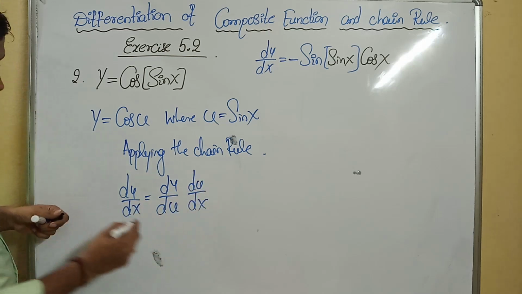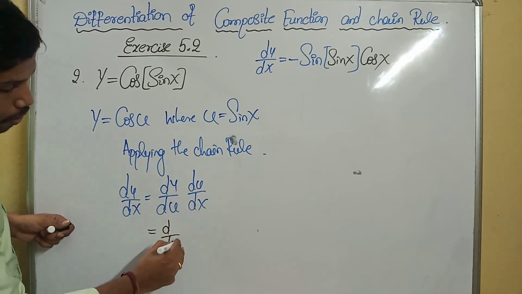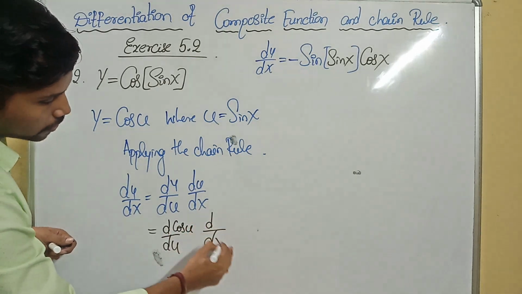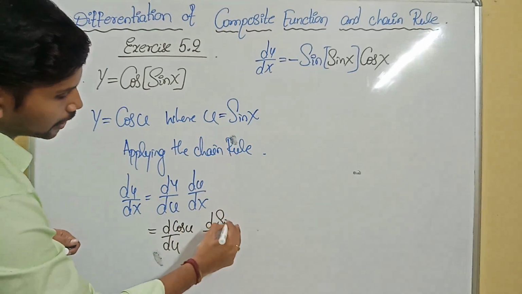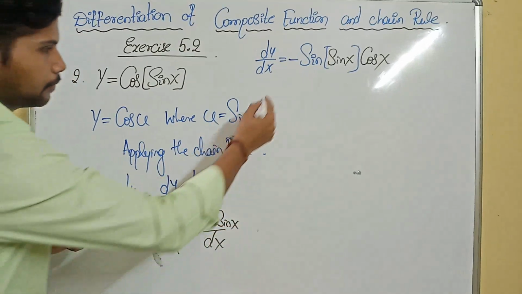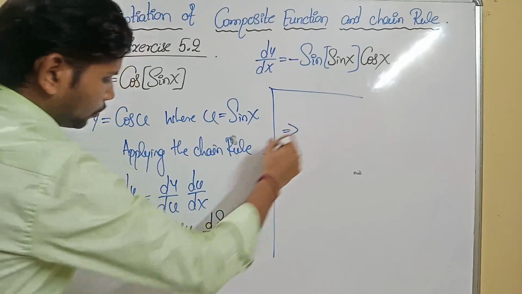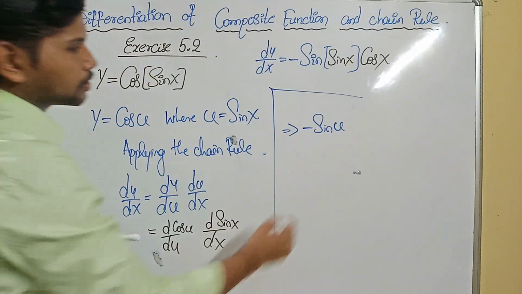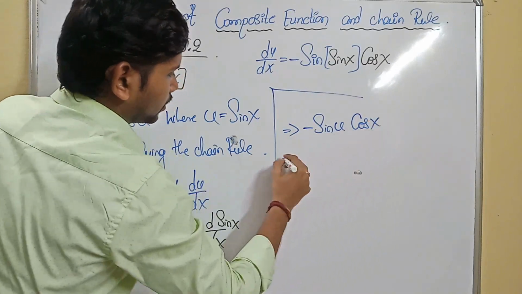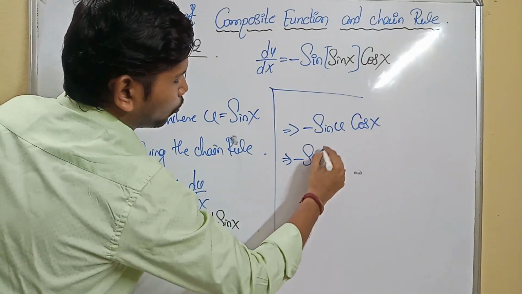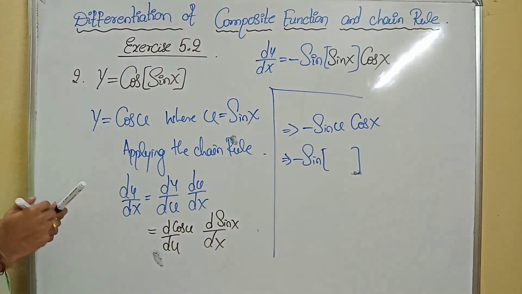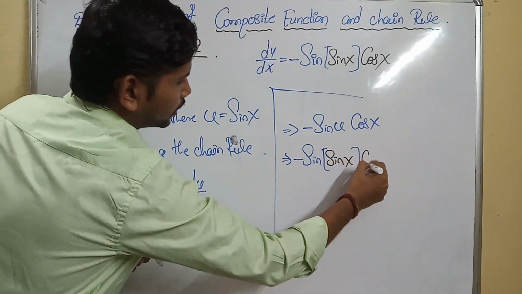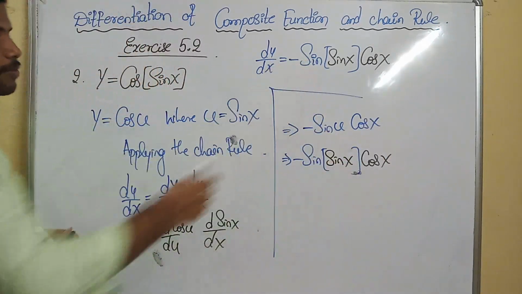Then d by du of y, which is cos of u, and d by dx of u, which is sin x. What is the derivative of cos u? It is minus sin u. The derivative of sin x is cos of x. Now minus sine of whatever u is. U is nothing but sin x, so I write minus sin x into cos x. There you got the same answer.